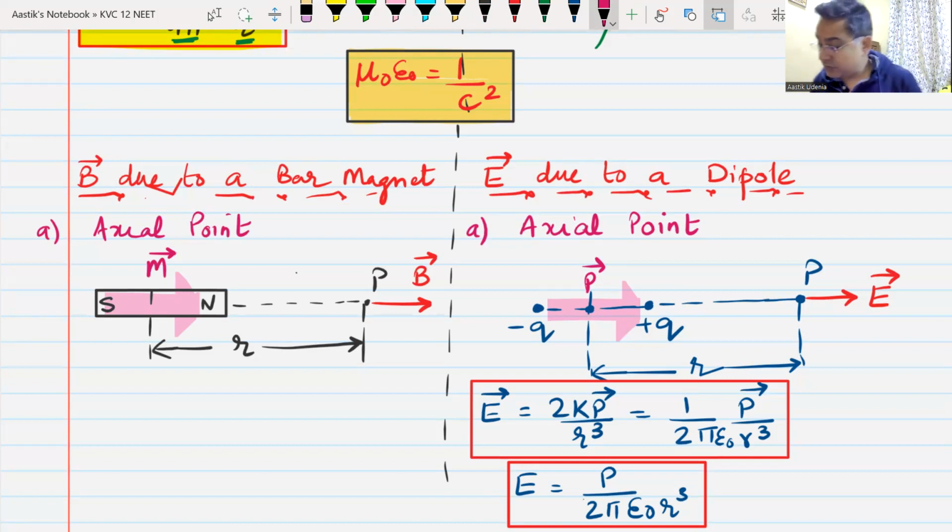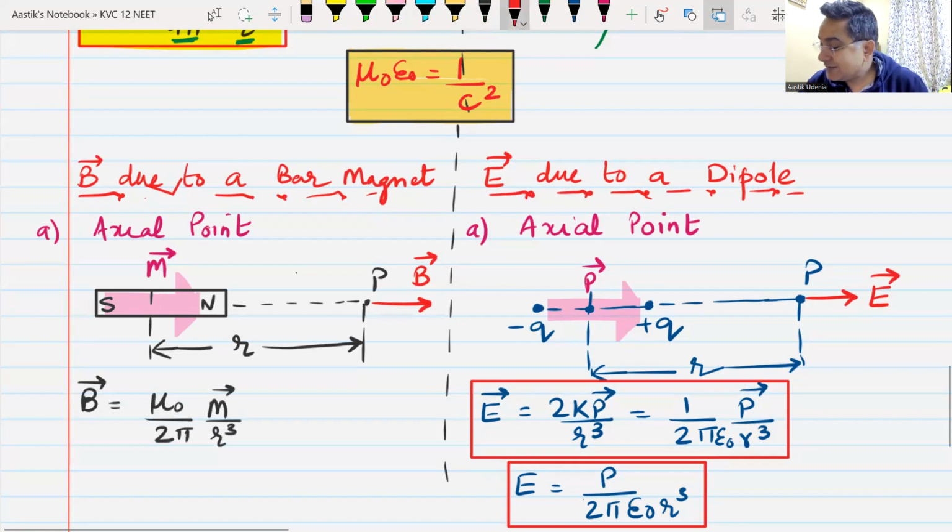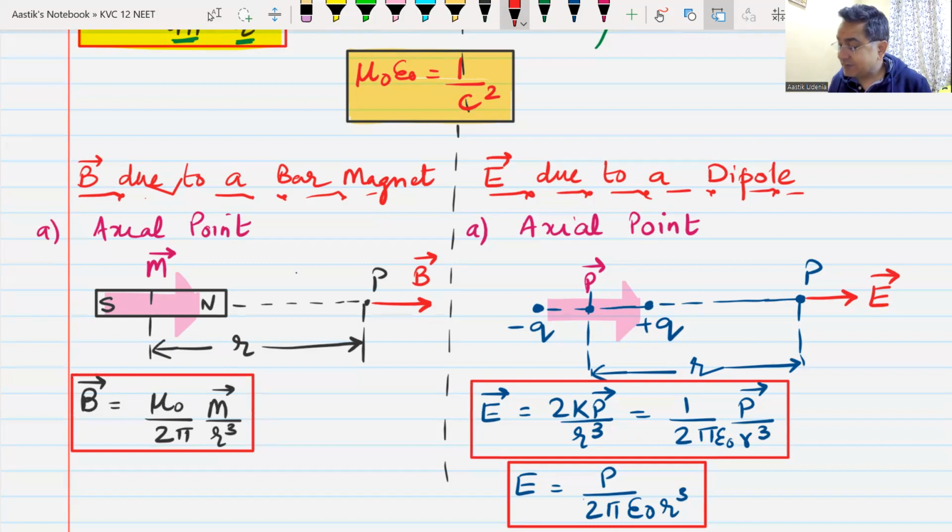What is the value of this magnetic field? Anyone would like to tell me? The value of magnetic field vectorly will be mu naught by 2 pi M vector divided by r cube. So you can see both the formulae are exactly similar.